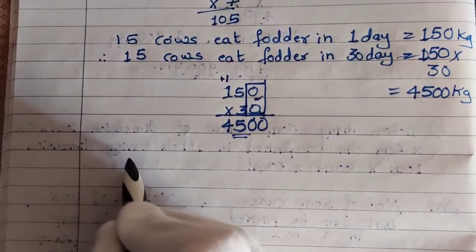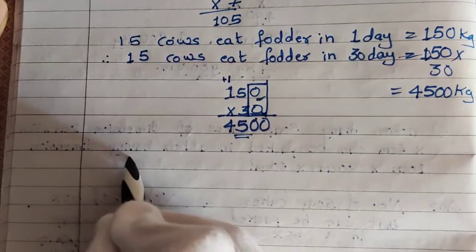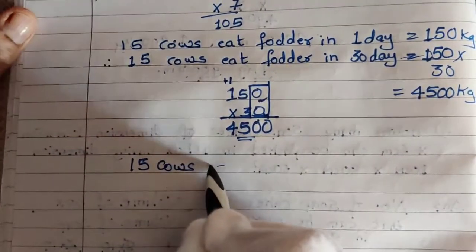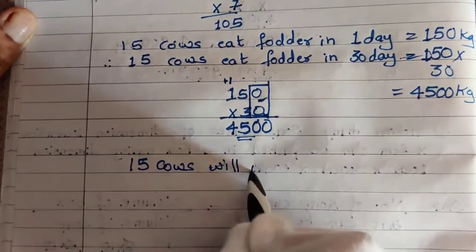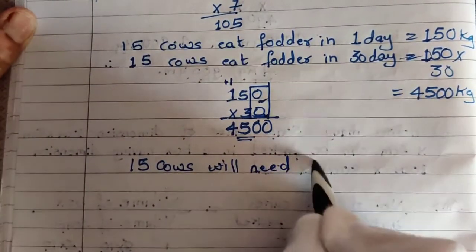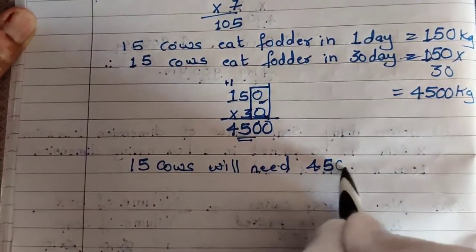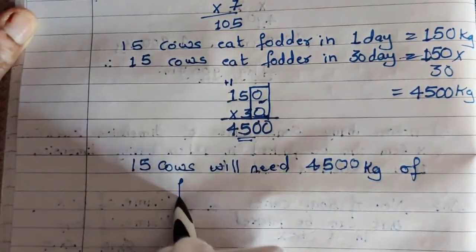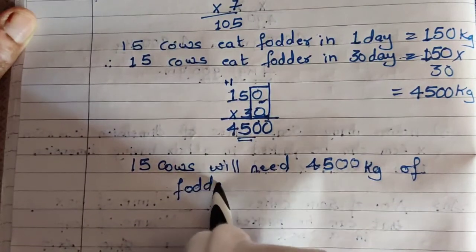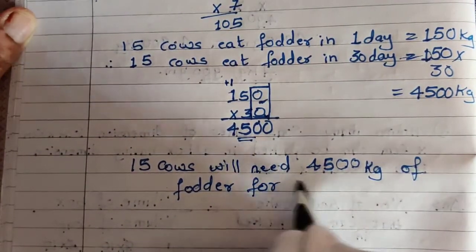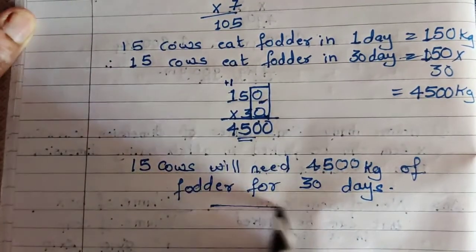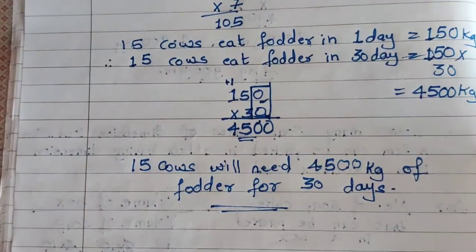We are going to write 15 cows will need 4,500 kg of fodder for 30 days. Understood, student? This is how you are going to conclude your answer.